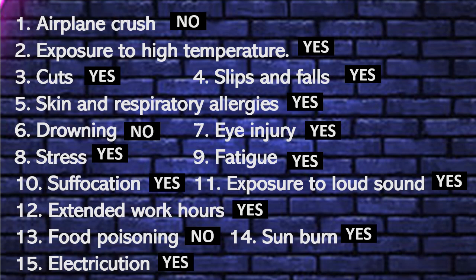One, airplane crash. 2, exposure to high temperature. 3, cuts. 4, slips and falls. 5, skin and respiratory allergies. 6, drowning. 7, eye injury. 8, stress. 9, fatigue. 10, suffocation.